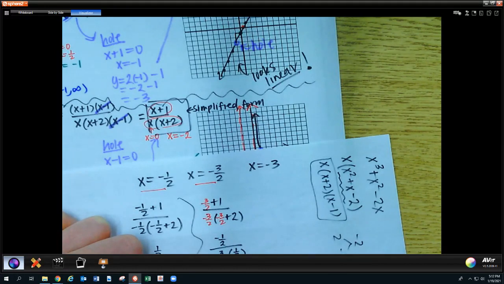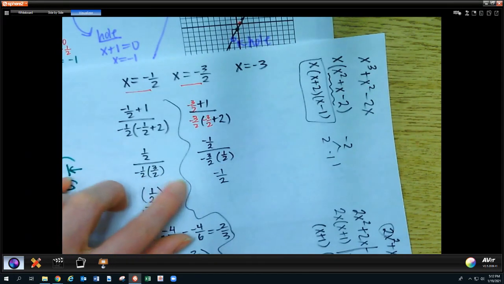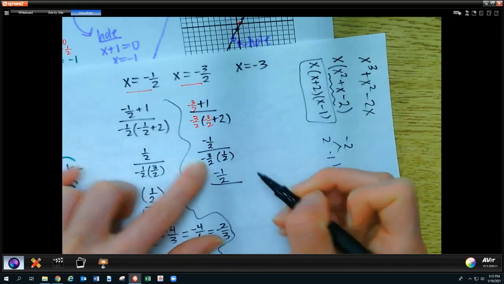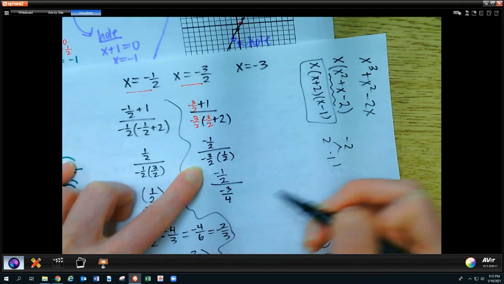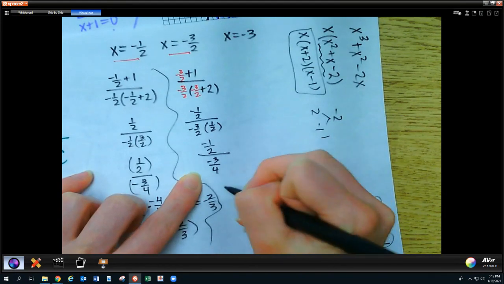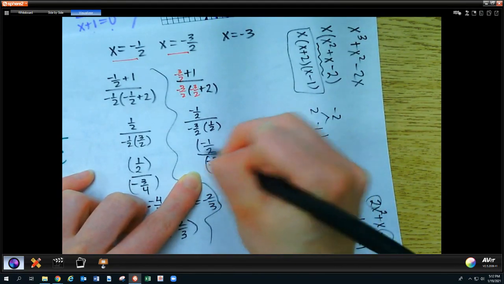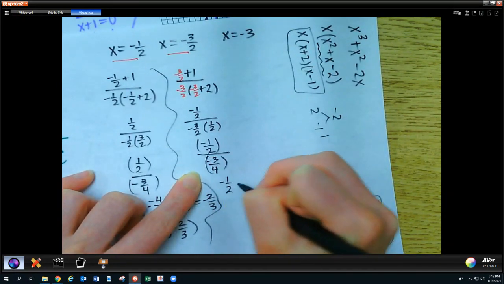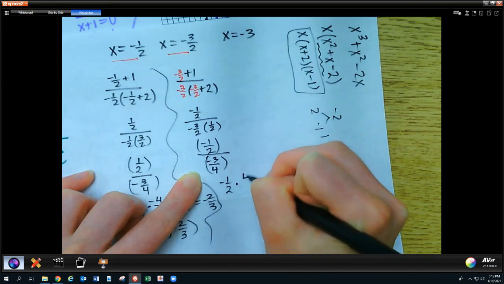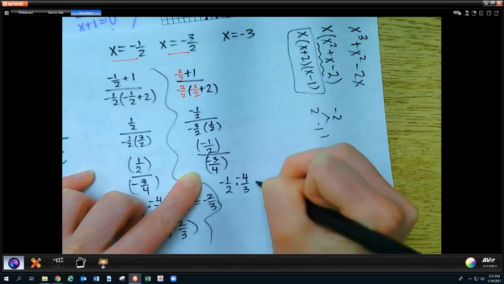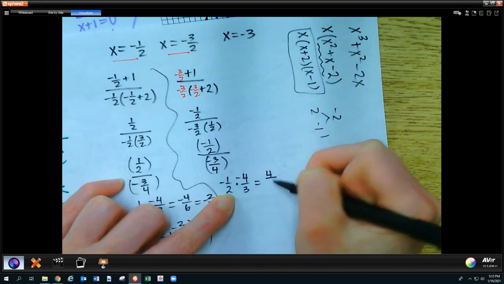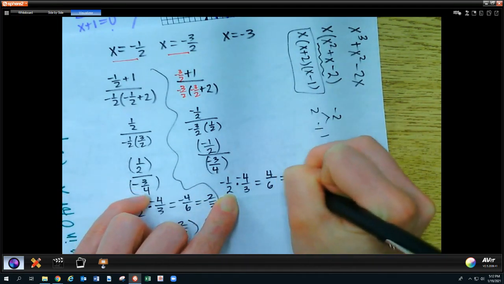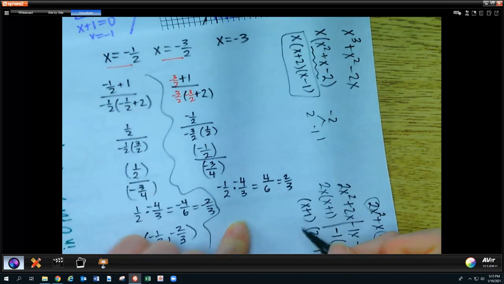Okay, so that gives me a negative 1/2 on top, and then a negative 3/4 on bottom, which is the same as negative 1/2 times negative 4/3, which is positive 4/6, which is 2/3, positive 2/3.